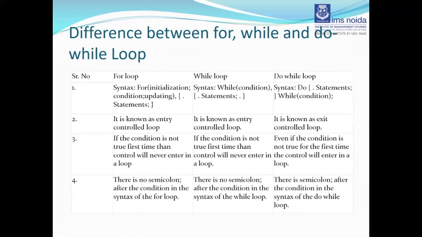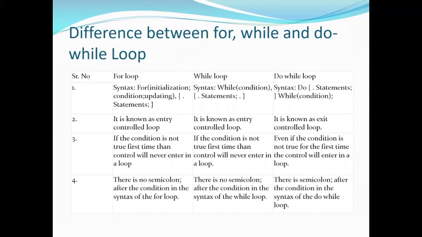Let's now understand the difference between all the three loops we discussed till now. The first difference in all the three loops is the syntax. The syntax of all the three loops is different. To remember, if we talk about the while loop and do while loop, the increment and initialization part is not in the syntax, which I've mentioned in the past just to show you.